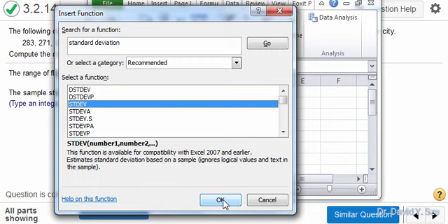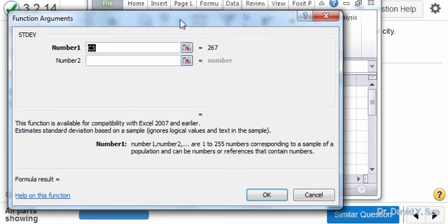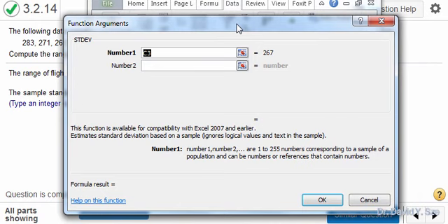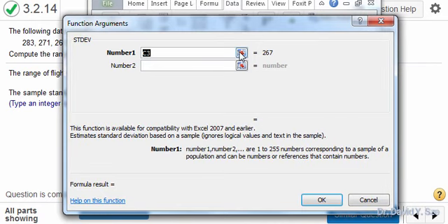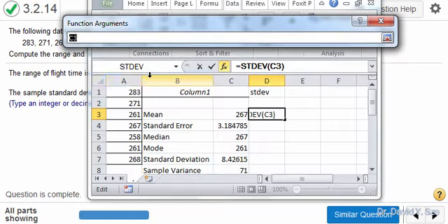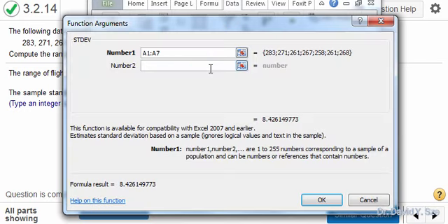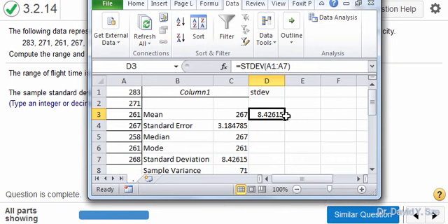We'll click OK, and it asks us what numbers. I like to click this icon, select a set of numbers, enter, and here's the answer, 8.4. Or we can click OK, and the number will appear in our spreadsheet.